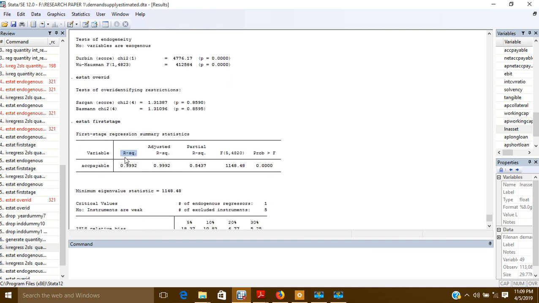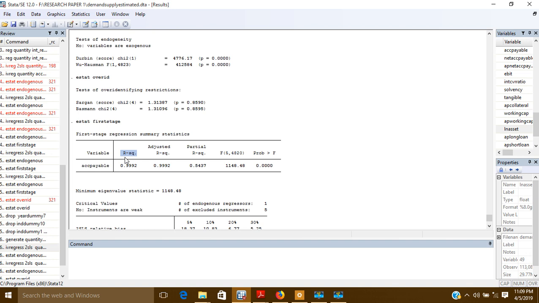If the value of R square is large, it tells us that in the first stage of regression, adjusted R square, if the value is high, it indicates stronger instruments. And the instrumental variables estimator exhibits less bias when the instruments are strongly correlated with the endogenous variable.